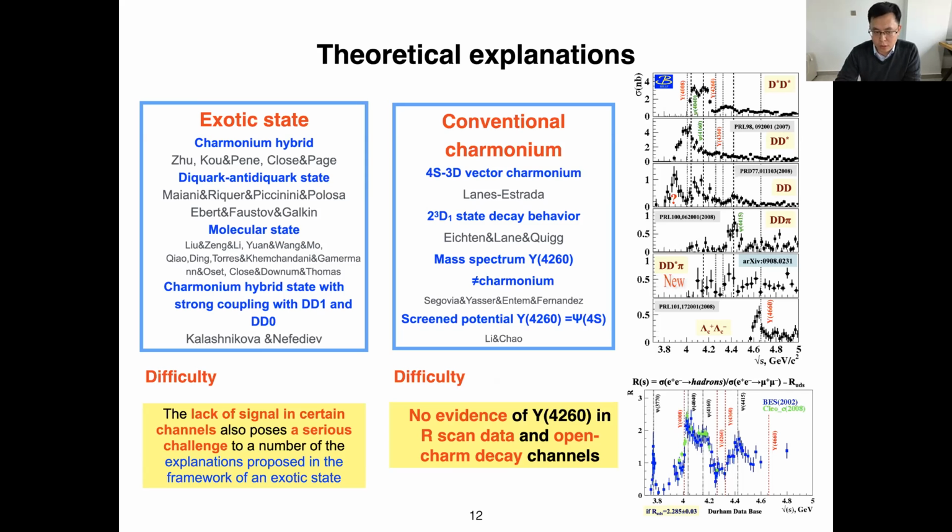According to the calculations from the exotic state models and the conventional charmonium assignment, they predict that this state should exist in the open-charm decay channels. But you can see that there does not exist any signal for the Y state. It's a problem for the resonance explanation to the Y(4260).